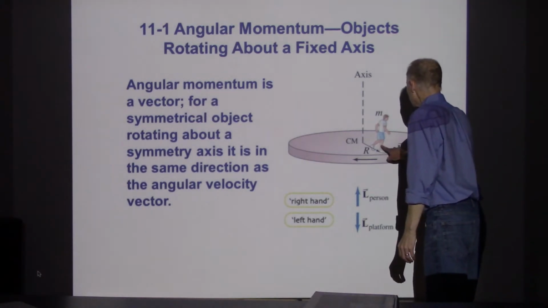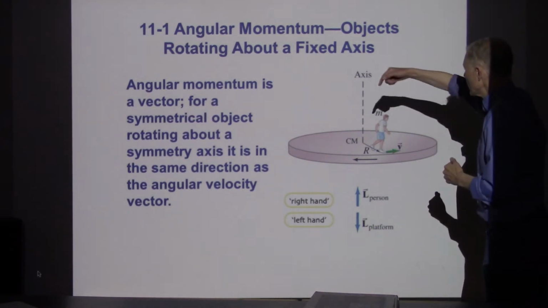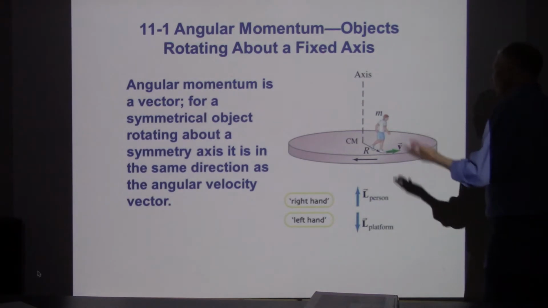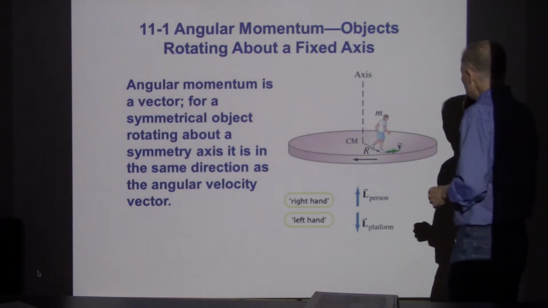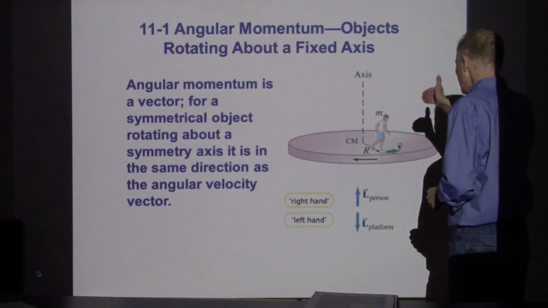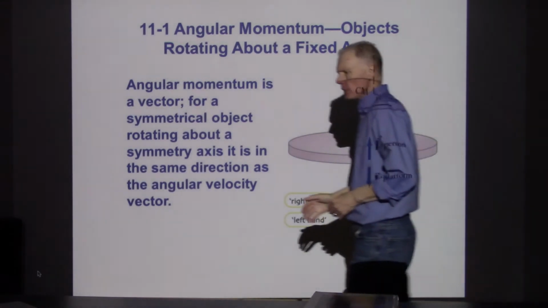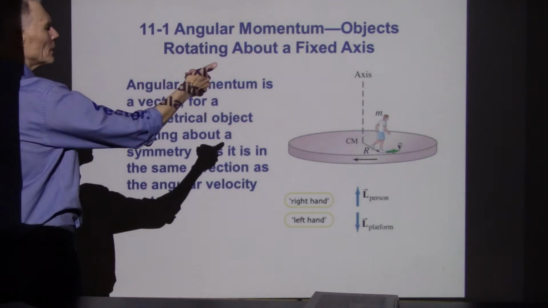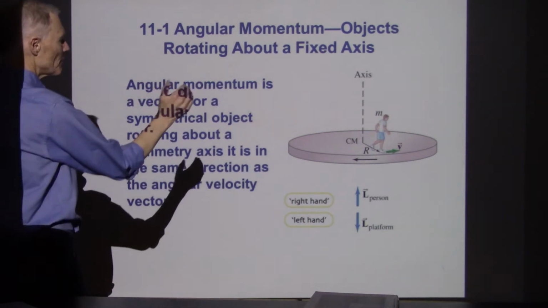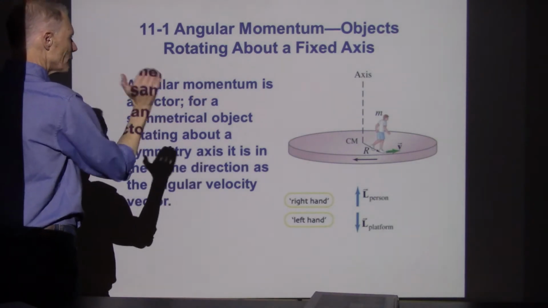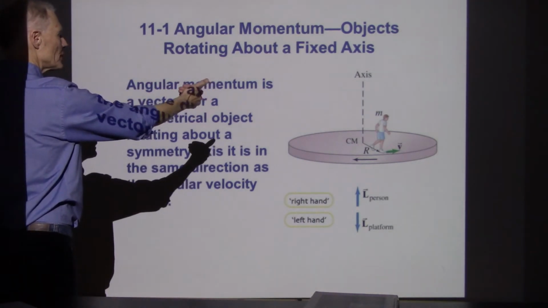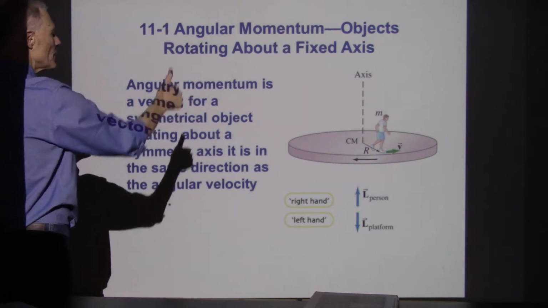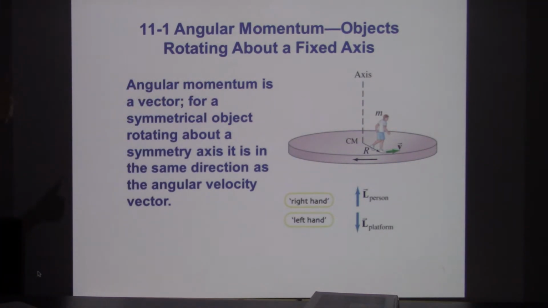So the person here is going to start running around in what we would call the positive direction. And we can use a right-hand rule for that. A right-hand rule says that if I bring out my fingers and follow the direction that the person is rotating around that axis, my thumb will point in the direction of the angular velocity and the angular momentum.